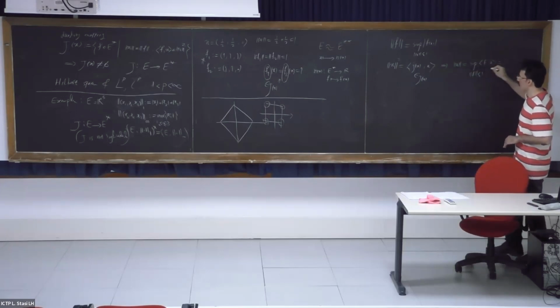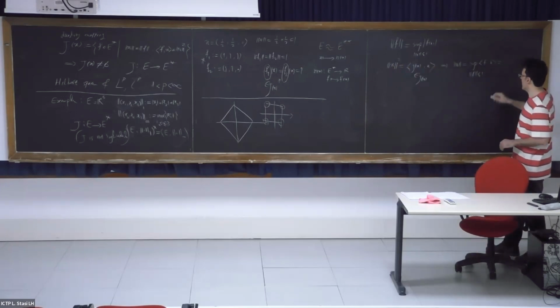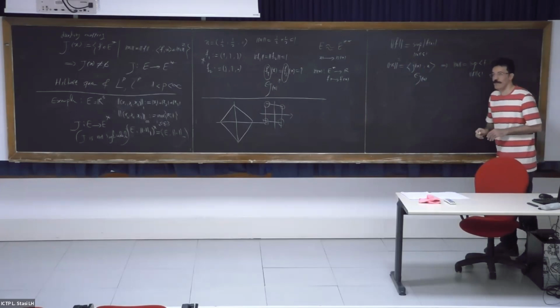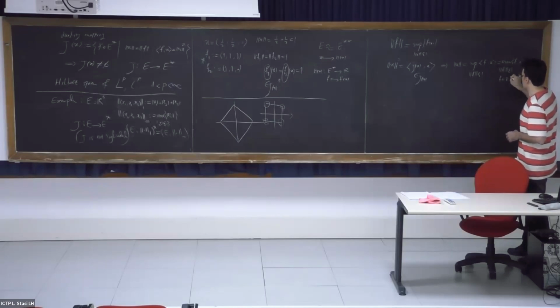And by the corollary, and indeed by the Hahn-Banach theorem, we deduce that this supremum is attained. And there exists some F that achieves it, and we may write maximum. And here is E star.